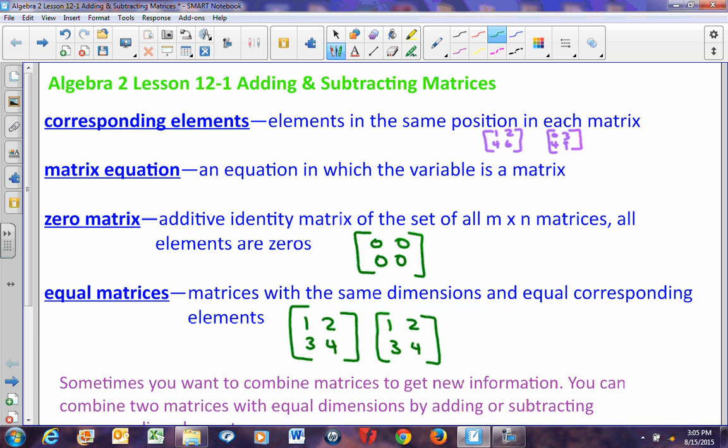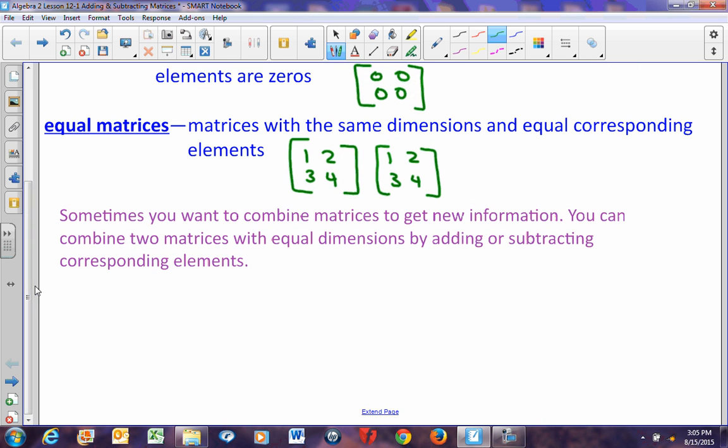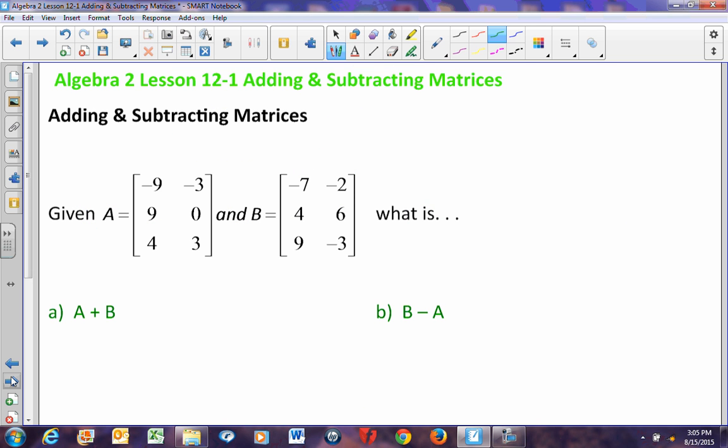Okay? Sometimes you want to combine matrices to get new information. You can combine two matrices with equal dimensions by adding or subtracting the corresponding elements. And this is not a difficult concept. Let's take a look at these two matrices right here.